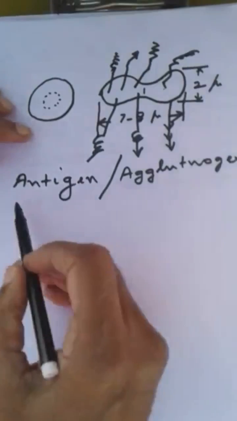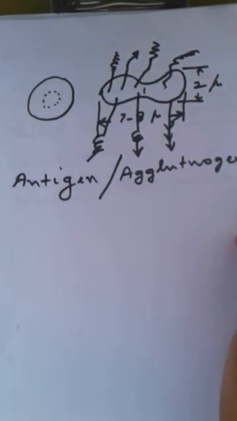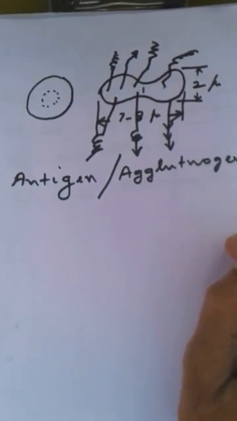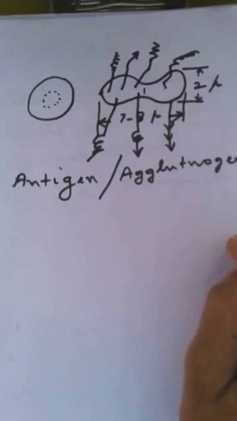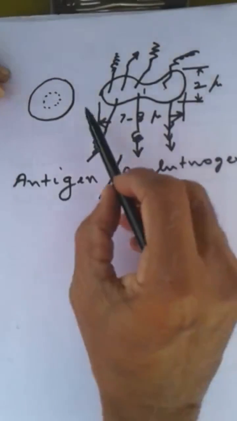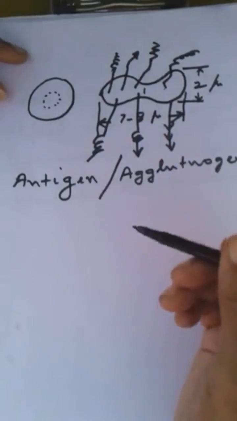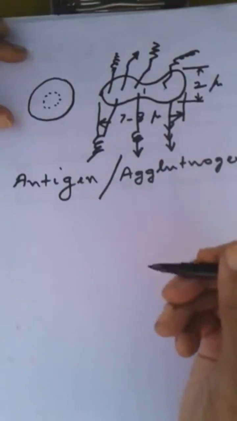Maybe there are more than 45 antigens like this on one cell, 45 types. So that means actually there are more than 45 blood group systems, not only ABO; on the whole surface there are more than 45.